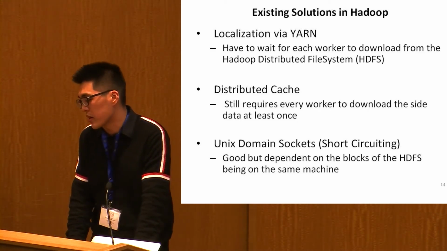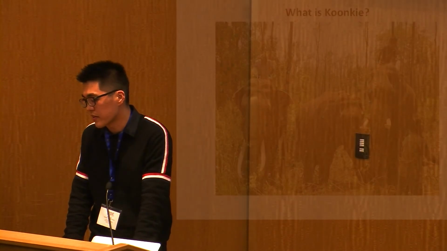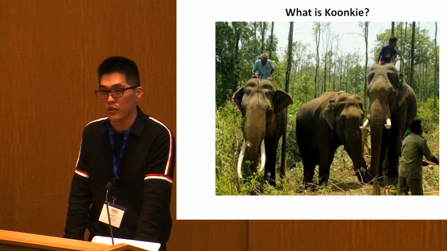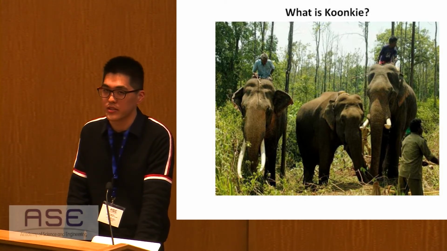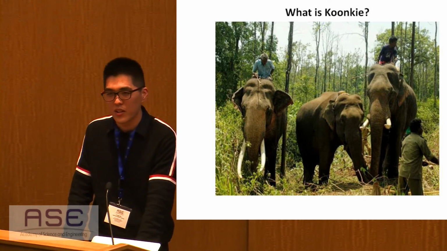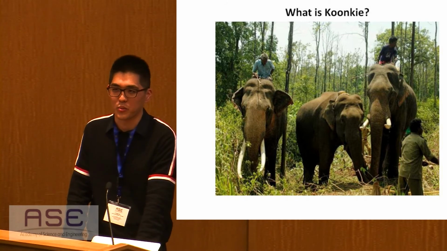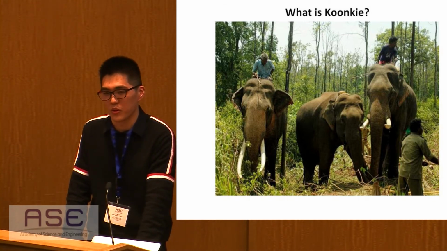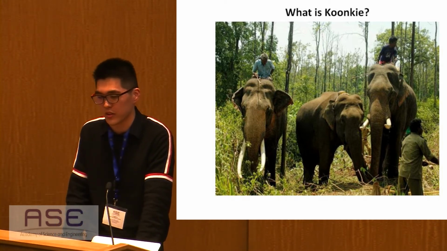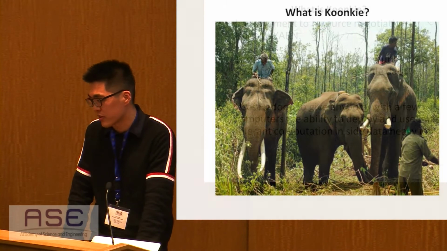So then what is Koonkie, which is our tool? The name Koonkie is derived from a large elephant used in northeastern India to capture and tame wild elephants. In our analogy, our improvements to Yarn are our Koonkie, and the wild elephants are the nodes, which we are trying to force to compute more efficiently with the side data distributions.